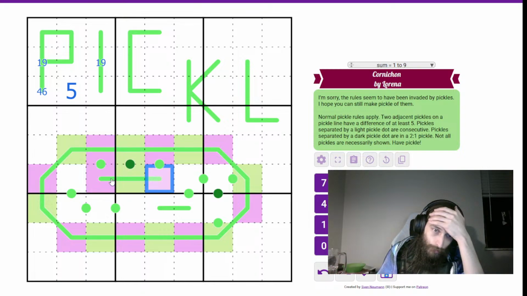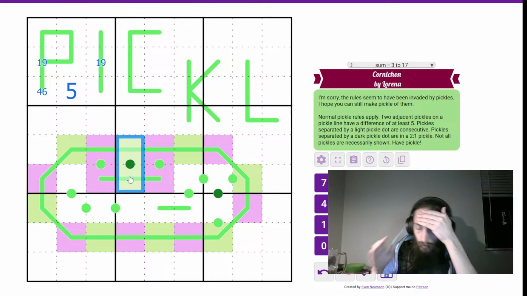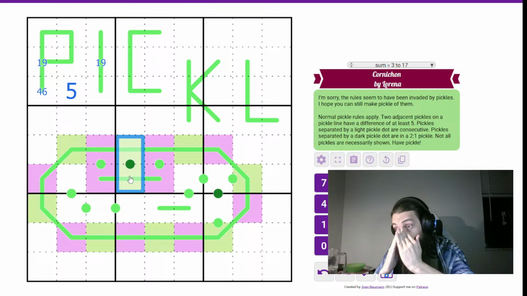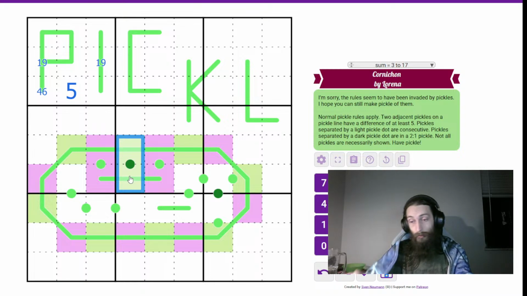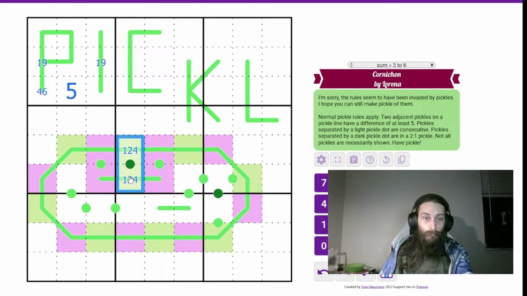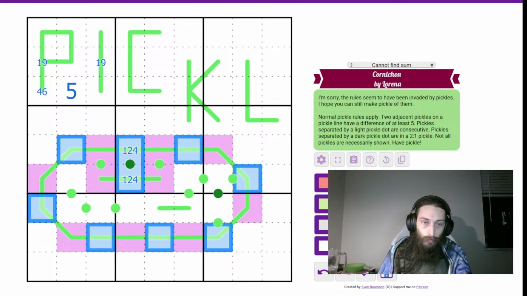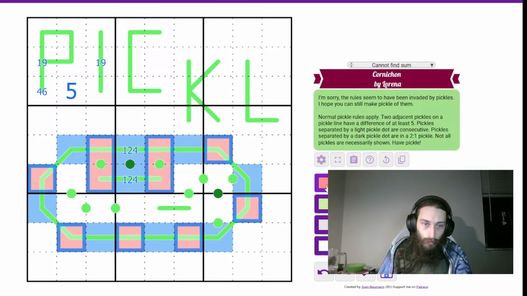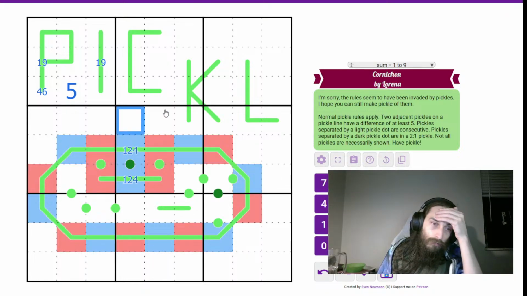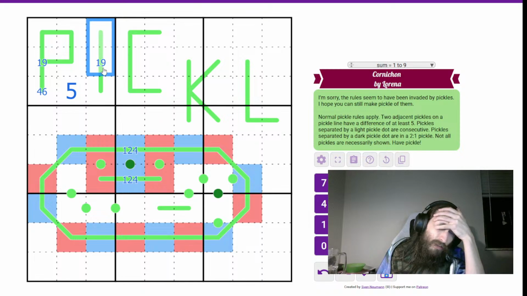And since I can't put 5 on the green line, then they both have to be the same. Now, with the darker dot, they're in a 2 to 1 ratio. So green is small and purple is large. Now, that doesn't help here, though. Not yet, at least.